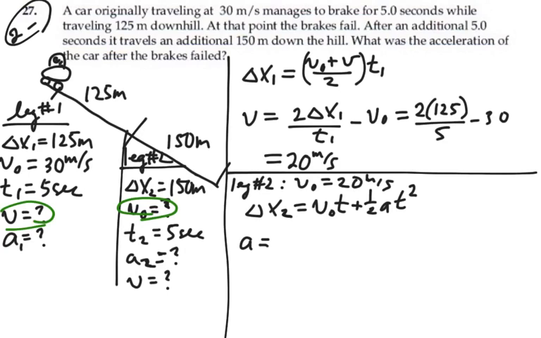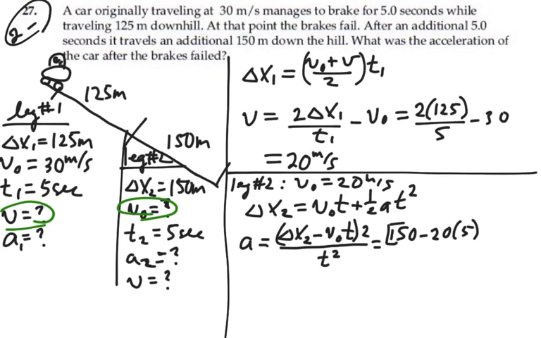So acceleration is going to equal displacement delta x2 minus v naught t, all this times 2 divided by t squared. So that is going to be 150 minus our initial velocity is 20, and we're going to do that for 5 seconds. All that times 2 over the time, which is 5 seconds squared.